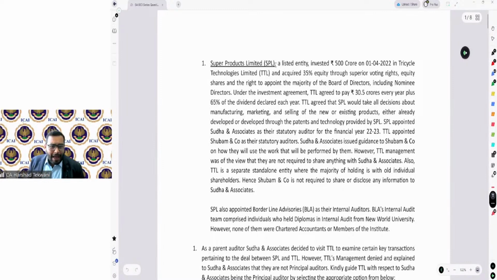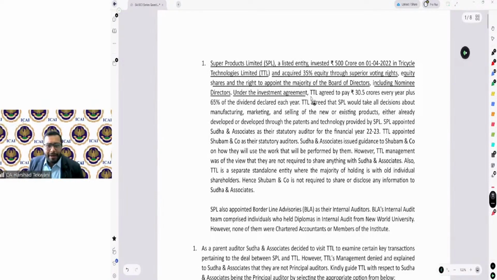Now on to that, let's start the question first. Super Products Limited, SPL, a listed entity, invested 500 crores on 1/4/2022 in Tricycle Technologies Limited and acquired 35% equity through superior voting rights equity shares, and the right to appoint a majority of the board of directors, including nominee directors.